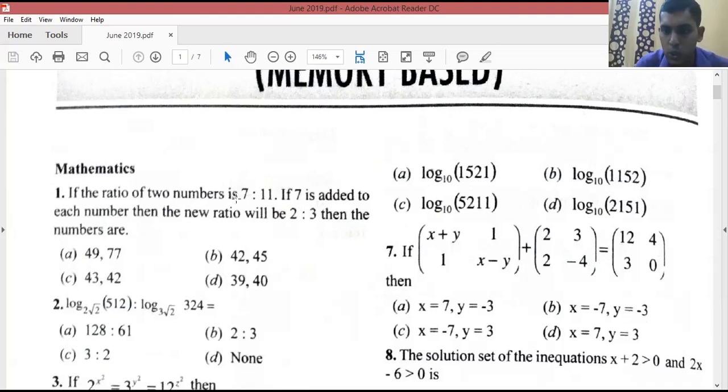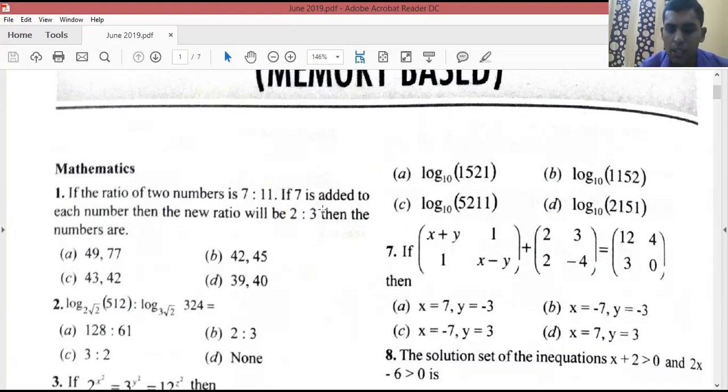Two numbers are in the ratio 7:11. Just see what two numbers are in the ratio 7:11. First option, 49 divided by 77, divisible by 7 table. That is actually 49 to 77, which is 7:11, right? The first condition is satisfied. Then we go to the second condition.